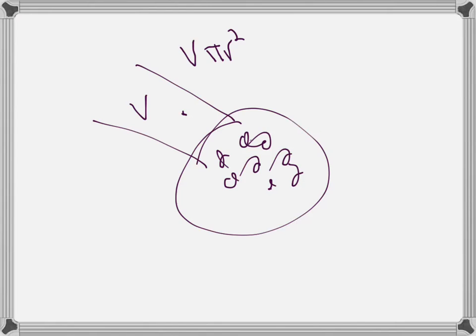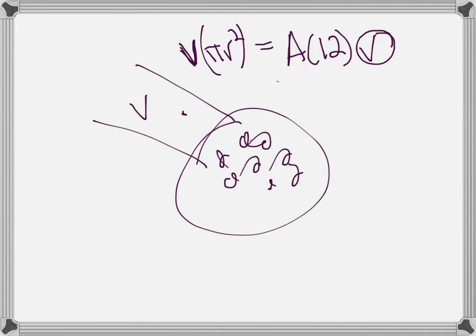And that would equal the area of a circle times 12, because there are 12 of them, times the velocity. So you could plug everything in and figure out this velocity, which would be the velocity of the water out of one of the holes. That's good enough for 28 or 29, hopefully.